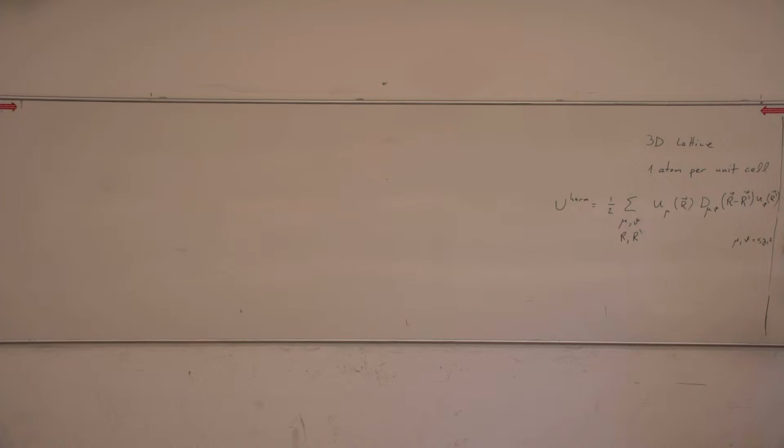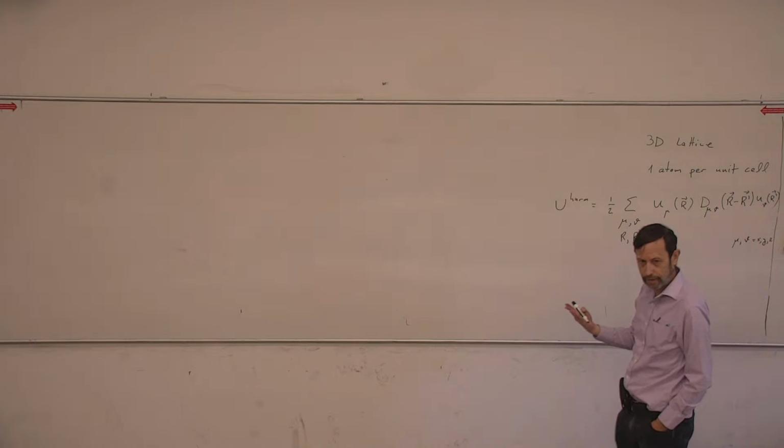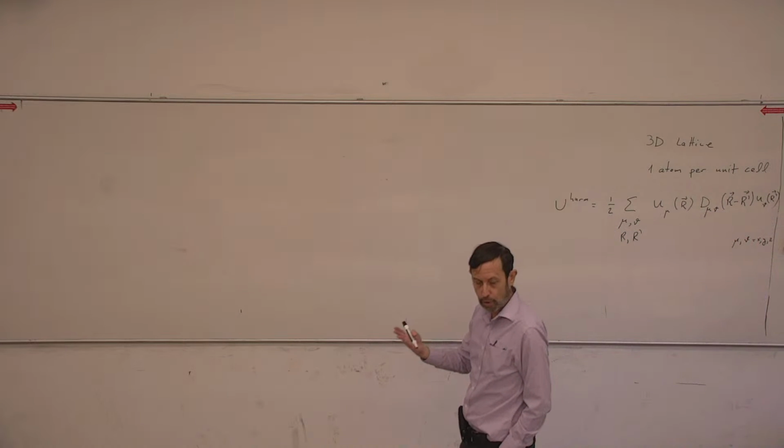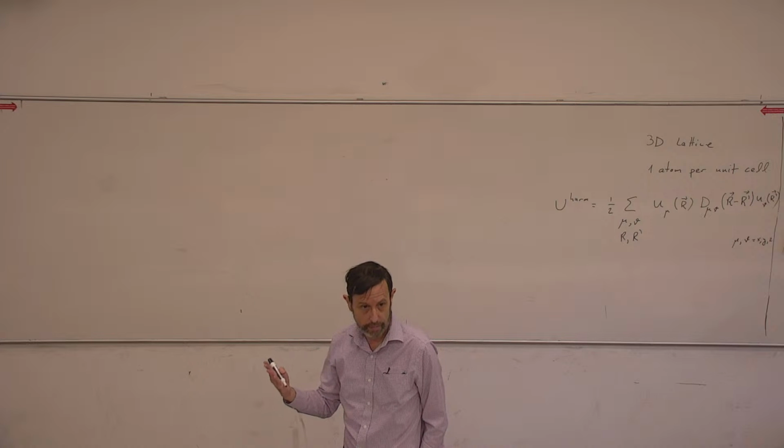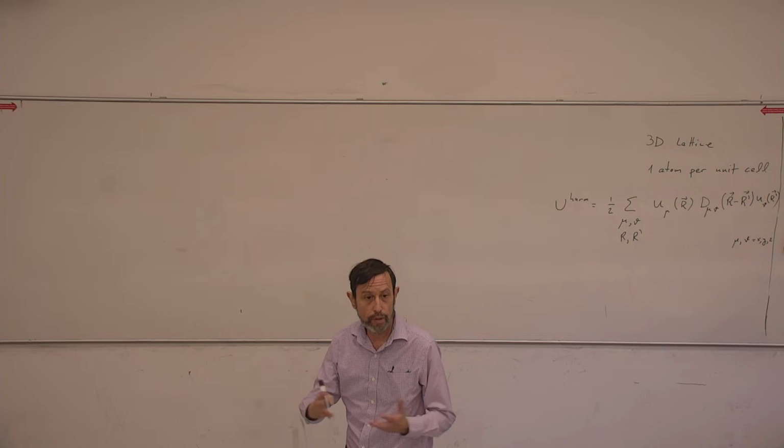Okay, so I have three numbers for each lattice point in U, three numbers for each lattice point R prime. Now I'm asking what's the relation between them.